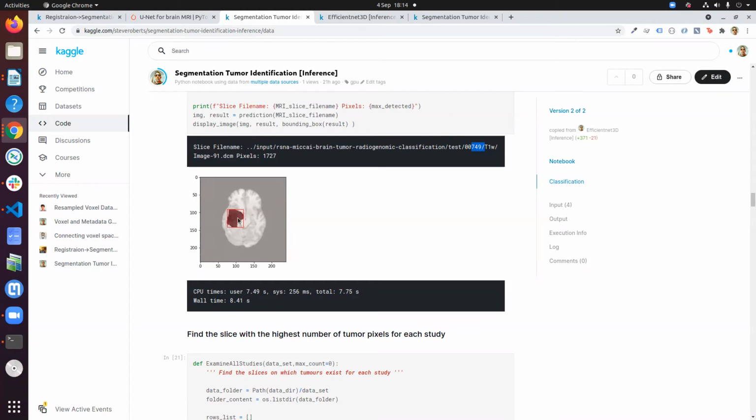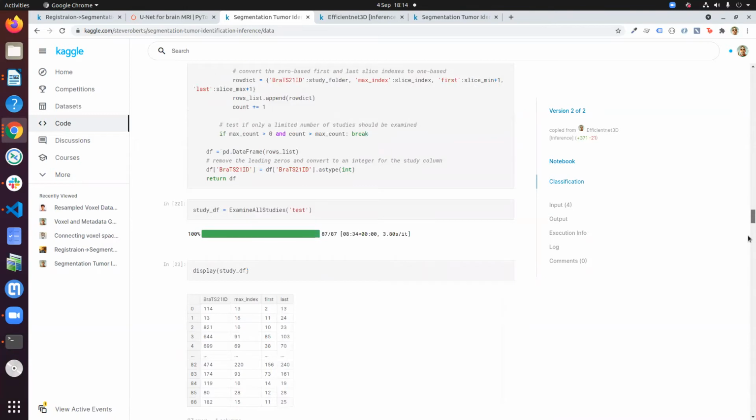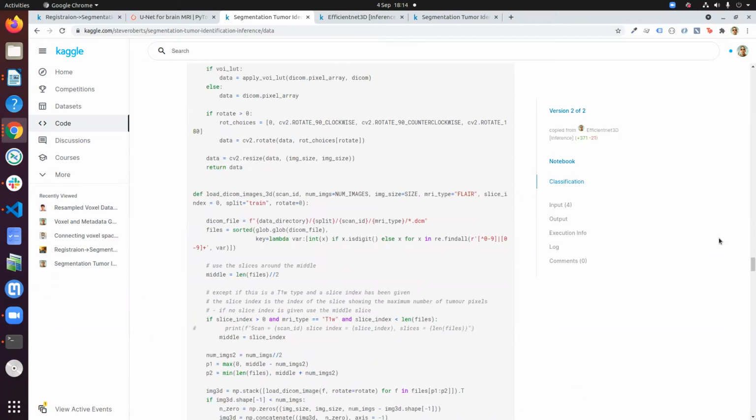Right. So in effect, what you're saying is you're still using all of the XY images, but just reducing the slice dimension, excluding all of the slices that don't have any tumor pixels in them, but keeping all of the XYs.